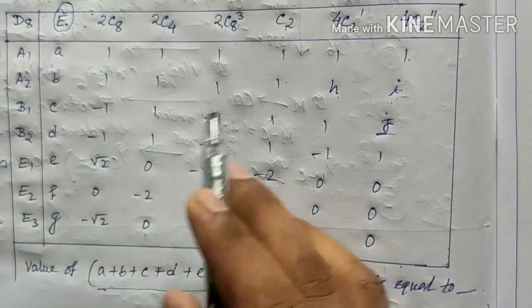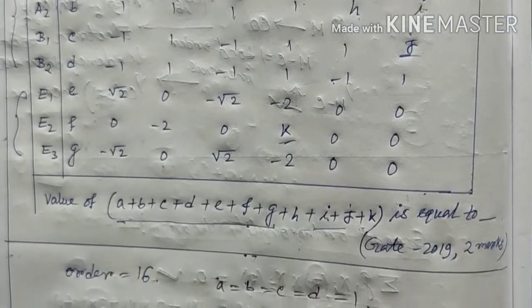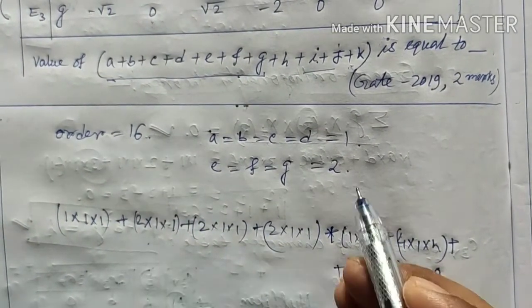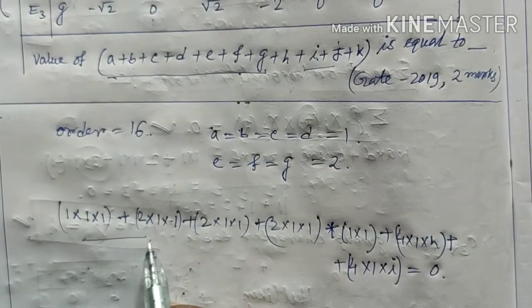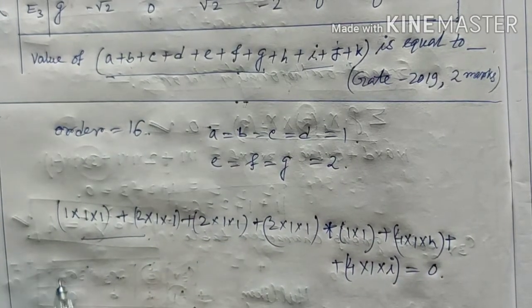Since the question is very big, it is capturing more space on the screen, so I have written it as I said during the solution, and you can check whether this matches or not.